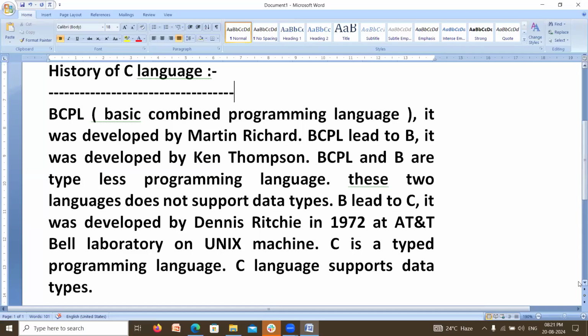Friends, my sincere request to you: C language is very, very important. It is the basic programming language. If you learn C language very well, then you can learn Java very well, and you can learn Python very well. All the computer programming languages you can learn very easily. That easiness depends upon this language.